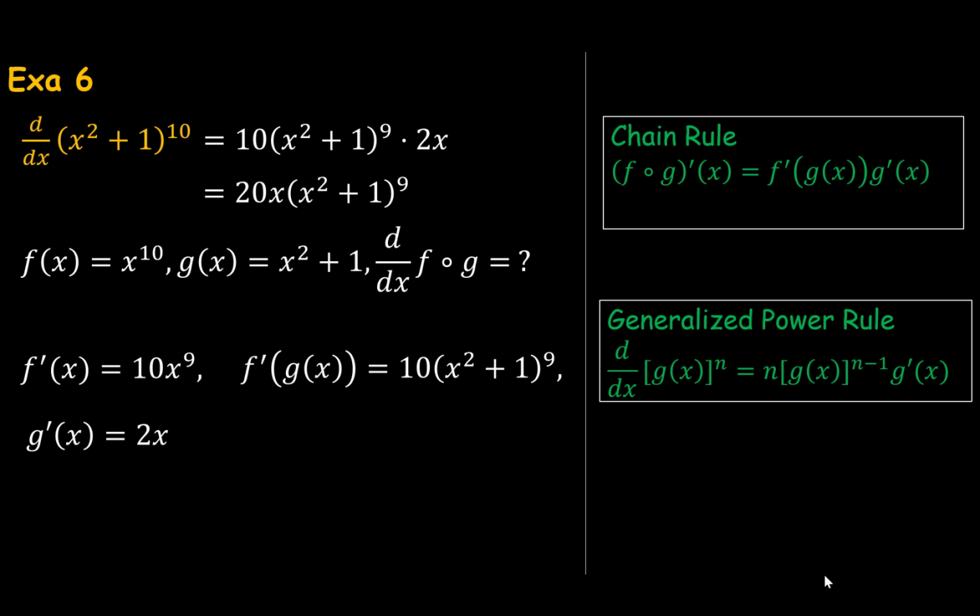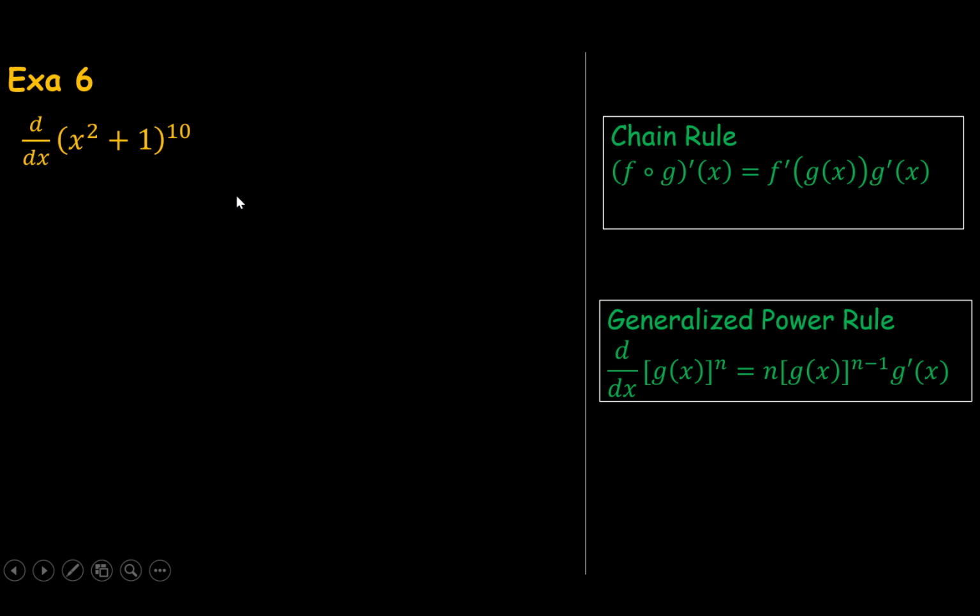This rule is much easier to use than the original general chain rule, as long as our function is a power. Let's apply this rule to the problem that we just solved. So let's erase what we did and apply the rule so we can get the answer directly. Here we have a power of this function, so this is our g(x), and n is equal to 10.